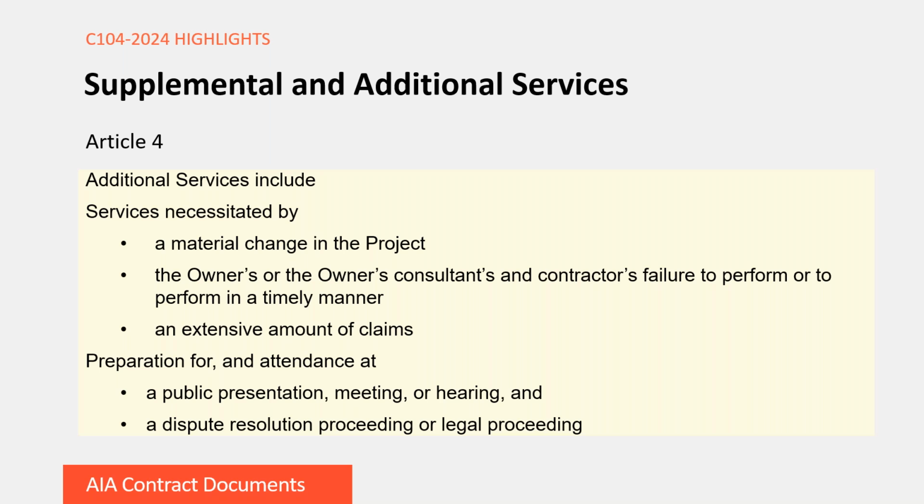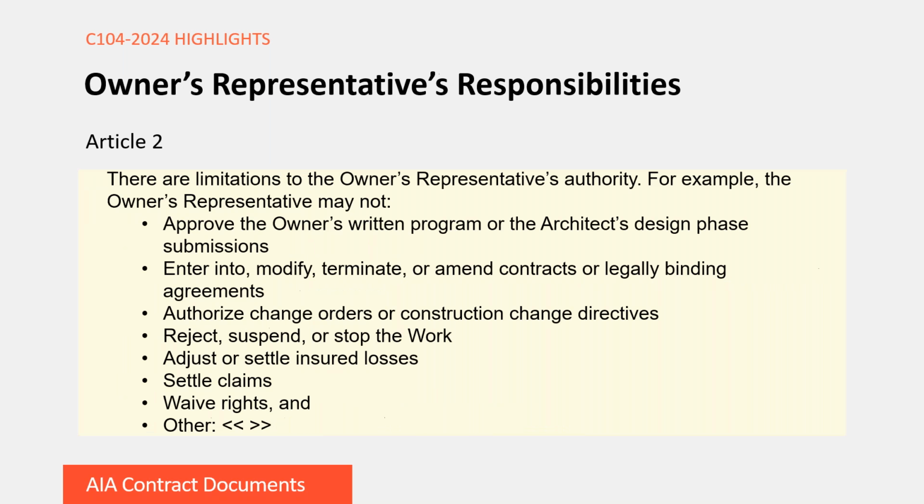So it sounds like the owner's representative has a high level of involvement in the project. What authority do they have to make decisions on behalf of the owner? That's a good question. So it's worth noting in this agreement that the owner's representative does not have full authority on the project. The limitations to the owner's representative's authority on this agreement are going to be things like approving the owner's written program or the architect's design phase submissions.